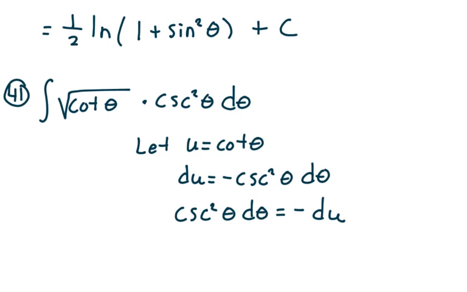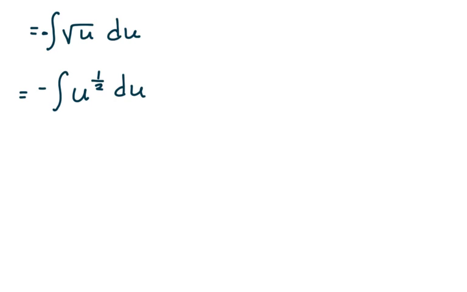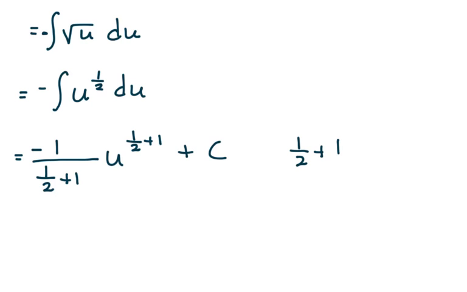And that allows me to put everything in. And so this is the integral with the negative on the outside of the square root of u du, which is negative the integral of u to the 1/2 du. So this is negative 1 over 1/2 plus 1 times u to the 1/2 plus 1 plus some constant c. But 1/2 plus 1 is 1.5, which as a mixed number is 3/2.